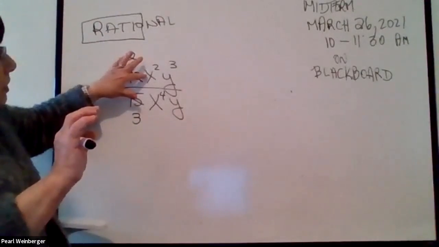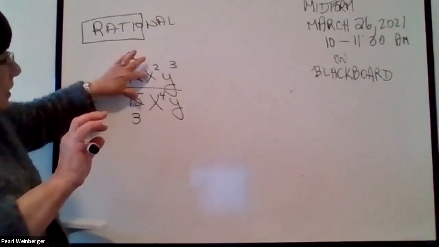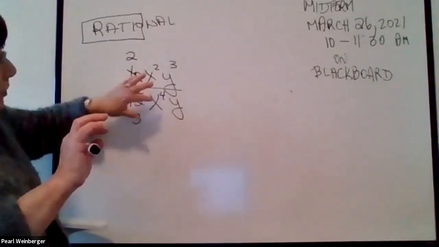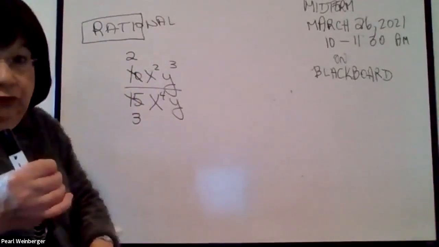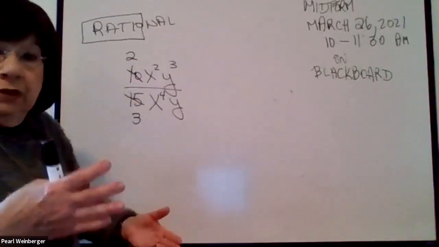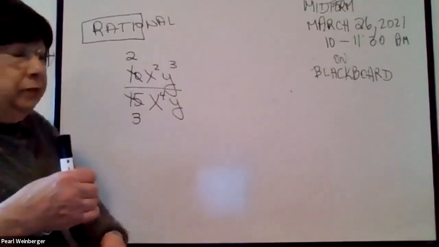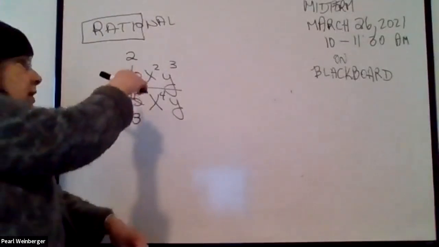Then you go to the next variable, which is an x, and I have an x squared and an x fourth. The common factor between the x squared and x fourth is the x squared. We know that the lower exponent is always the common factor. So here's the easiest way to do it.